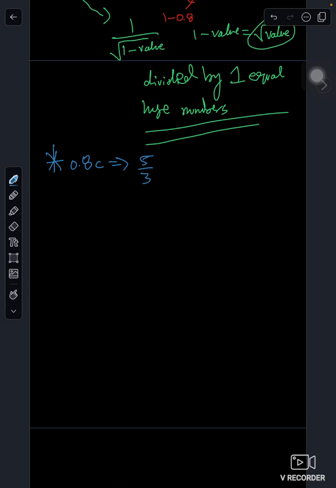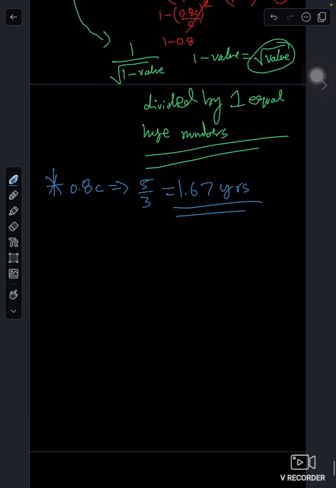and it is 1.67 years. What I mean by 1.67 years is that 1 year, if I write the formula, is the time with respect to the person divided by the square root term, and the person's watch clock time.